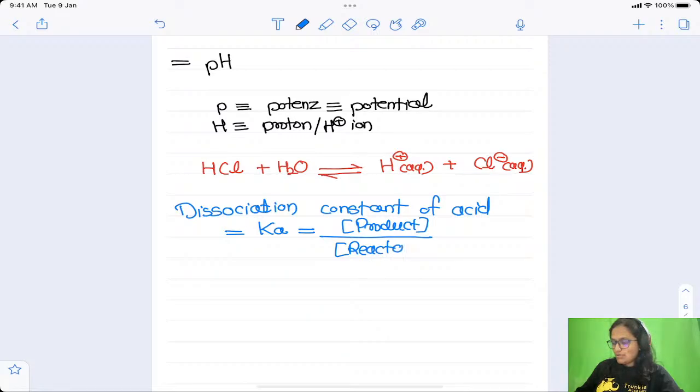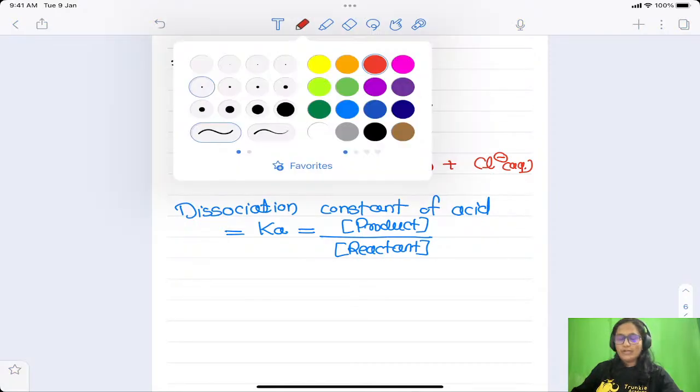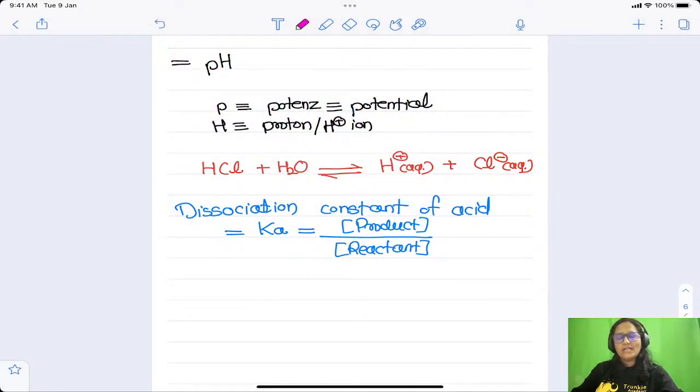That means this will give you the idea about how easily that particular acid is going to donate a proton. That means how strong that acid is, simply.